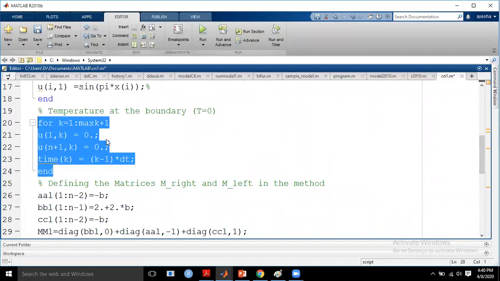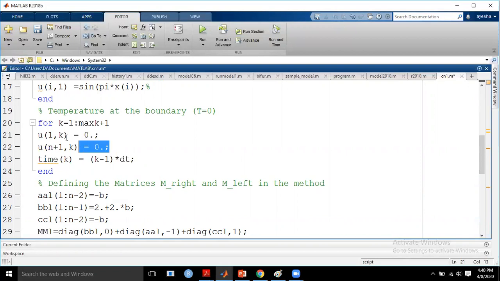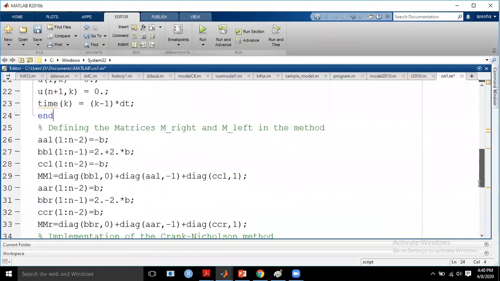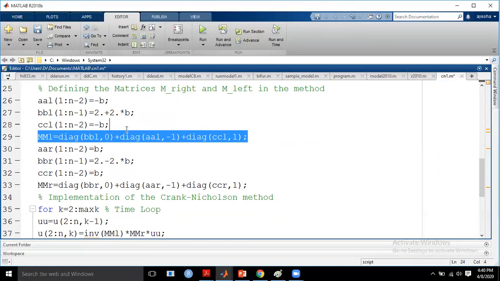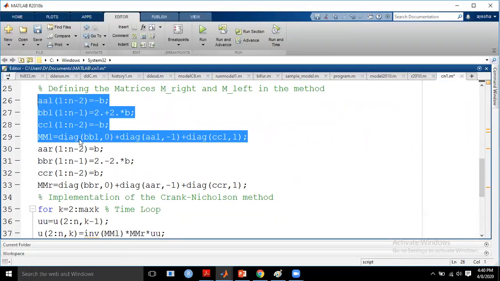Your boundary conditions are zeros here. In this question, the boundaries are 0, 0, starting and ending. Okay, now what will happen next? Do you remember, before the lockdown, we discussed this in the classroom, where I taught you how to write the tridiagonal matrices. So here I have defined the left and the right tridiagonal matrices.